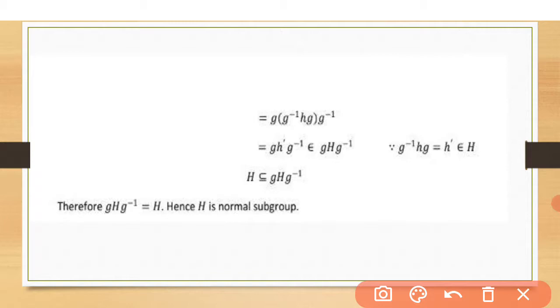So it means that H is contained in this, and by combining both equations we prove that gHg inverse is equal to H.